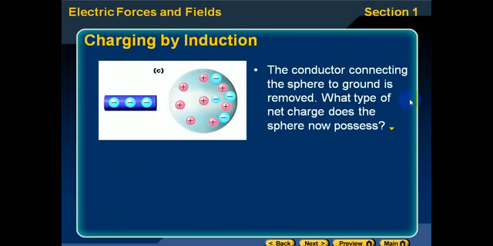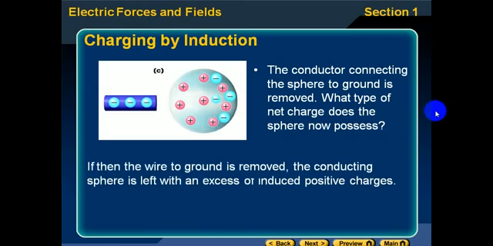The conductor connecting the sphere to ground is now removed, so we don't have the conductor to the ground anymore. What type of net charge does the sphere now possess? If the wire to ground is removed, the conducting sphere is left with an excess of induced positive charges in the part nearest to the rod.